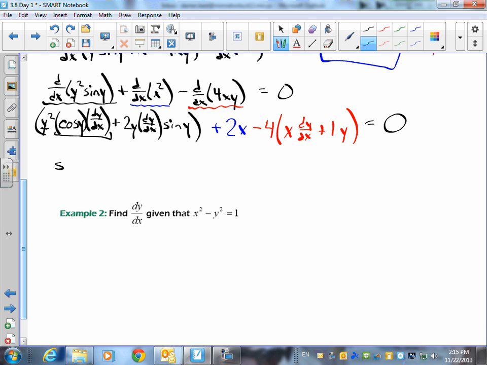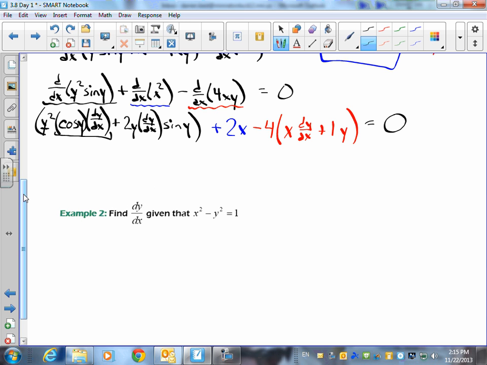If it were sine x, its derivative would be cos x, because we're taking the derivative with respect to x. But since it's sine y, and I'm differentiating with respect to x, it becomes cos y. It's like cos f of x times f prime of x, because it's a function inside of a function. X is a variable, y is a function. Think of it that way.